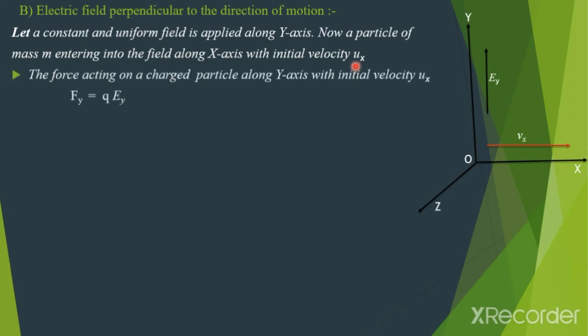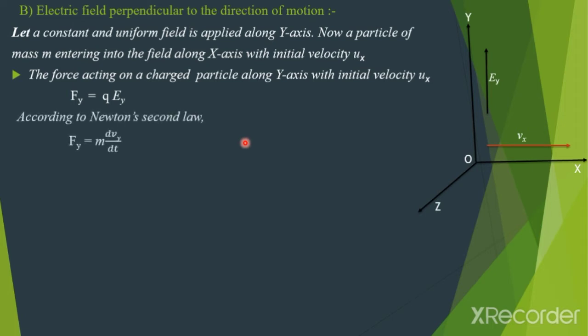The force acting on the charged particle along the y-axis is Fy equal to Q into Ey, where Fy is the force component acting along the y-axis on this particle.